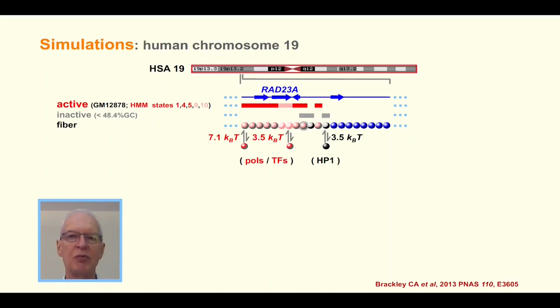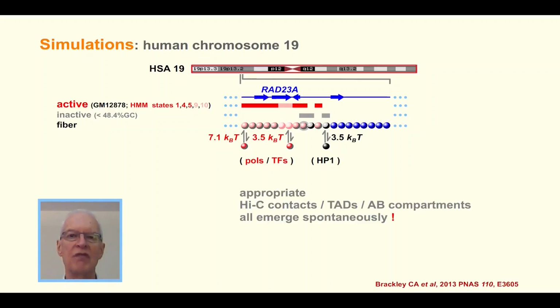And then after we've run the simulations, we find that many of the Hi-C contacts seen experimentally are obtained, as well as TADs and AB compartments. They're all emerging spontaneously without the need for any other input.